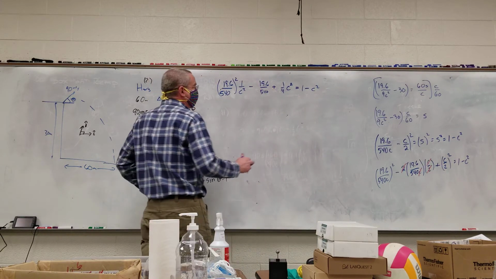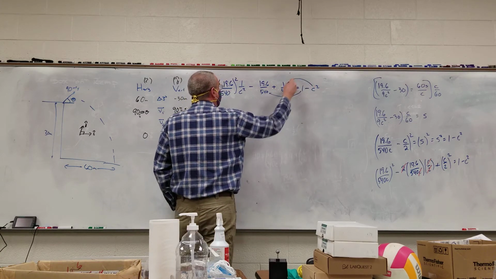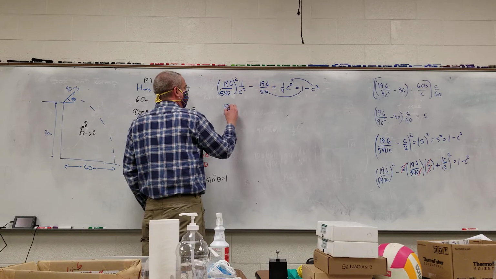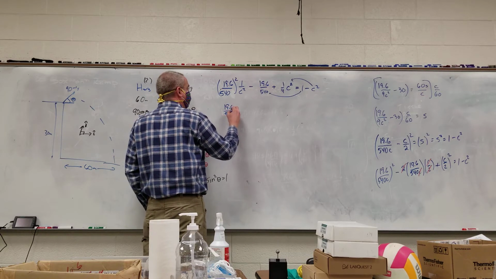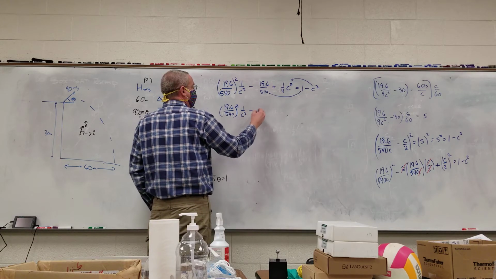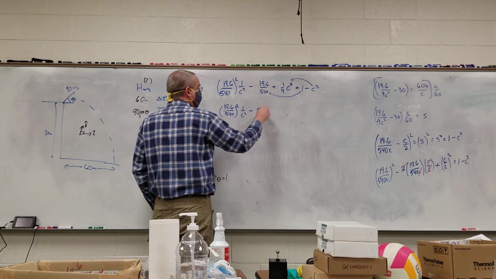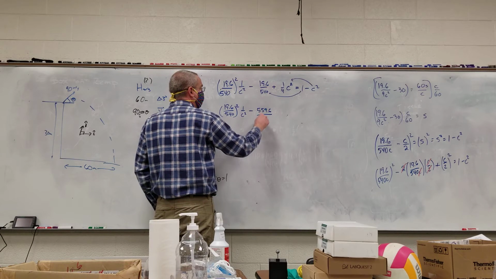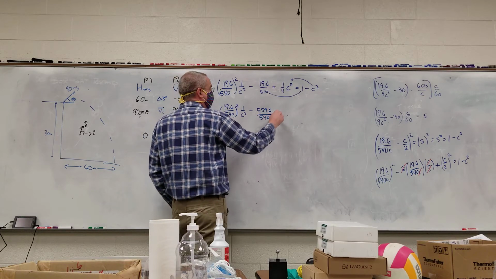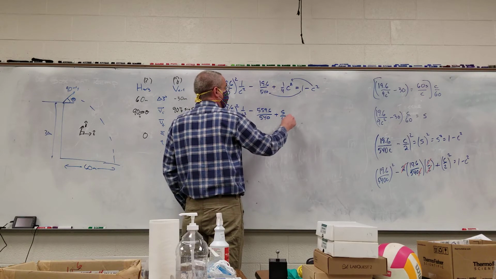I want to get everything together, so I'm going to bring the 1 over. I'm going to bring the c squared over. And so I'm left with 19.6 over 540 squared times 1 over c squared, minus 19.6 over 540, plus 5/4 c squared.